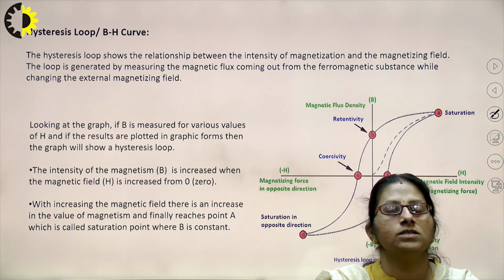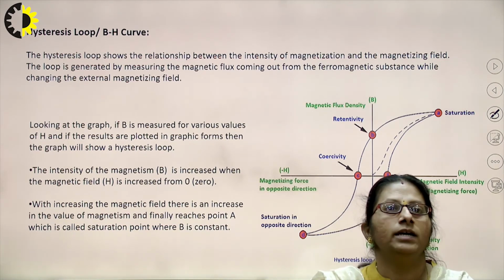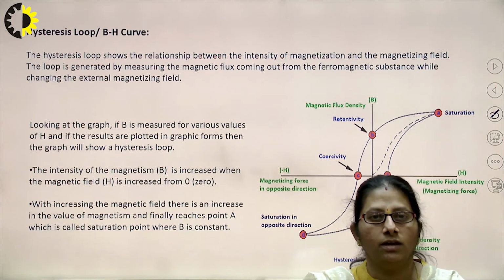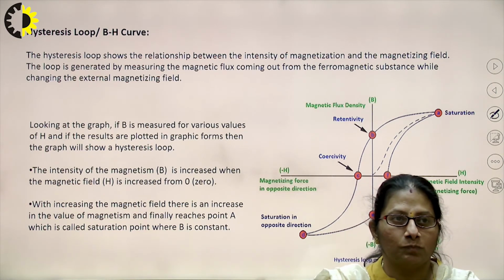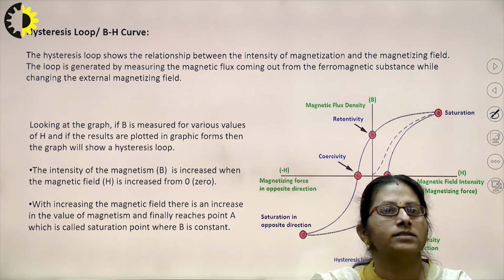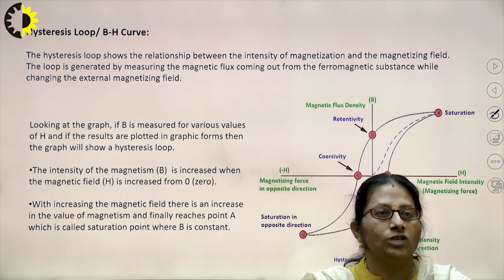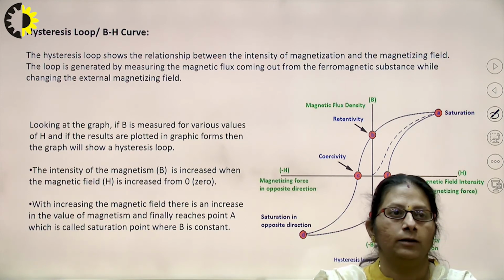The hysteresis loop shows the relationship between the intensity of magnetization and the magnetizing field. The loop is generated by measuring the magnetic flux coming out of the ferromagnetic substance while changing the external magnetic field.